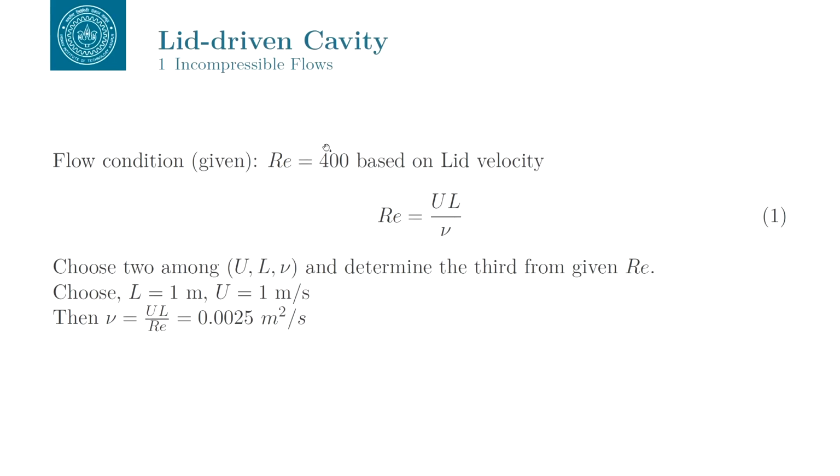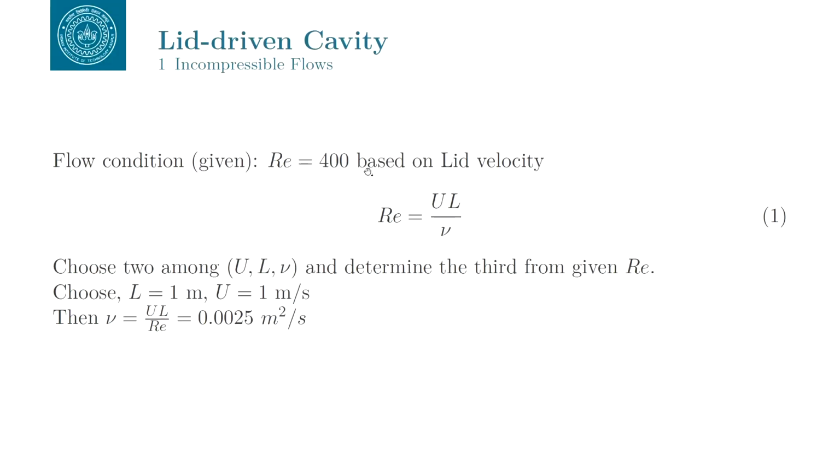If you look at the literature, this problem has been analyzed for a large number of parameters like different Reynolds numbers, different Mach numbers, different aspect ratios, different boundary conditions, where you can move one lid or two lids or three lids, different shapes like triangular cavity or maybe other shapes also, right. So, we will take a very simple problem. Top lid is moving, 3 are stationary, and Reynolds number is 400. Because it is incompressible flow, there is no discussion about the Mach number here, right. So, Mach number is very small.